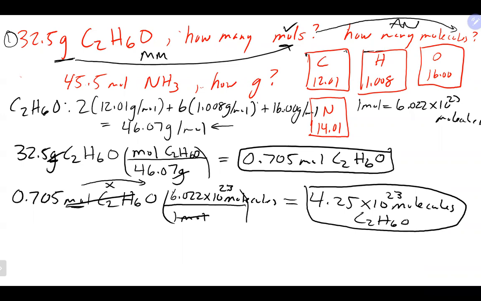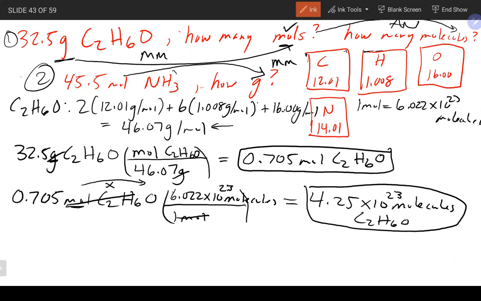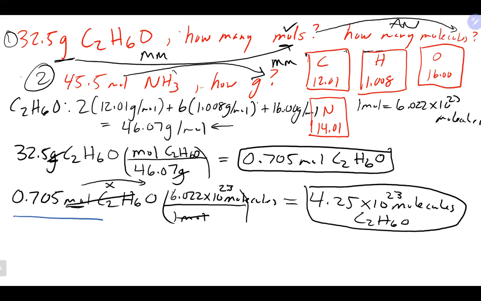All right, looking then at our other one here, which is 45.5 moles of NH3. How many grams? Once again, that is a moles to grams conversion, which means that is again just the molar mass that we need. There is no Avogadro's number needed here, as we're not looking for any molecules. So we do need to get the molar mass of NH3 from the periodic table to help us do that conversion.